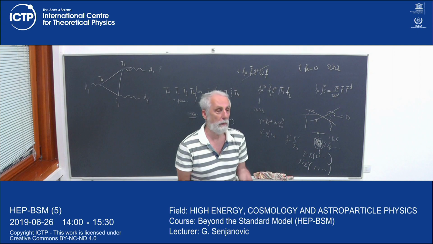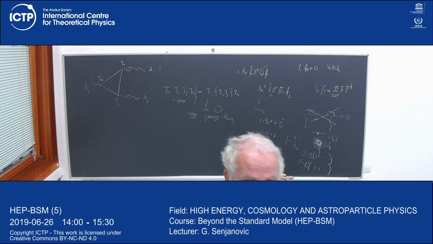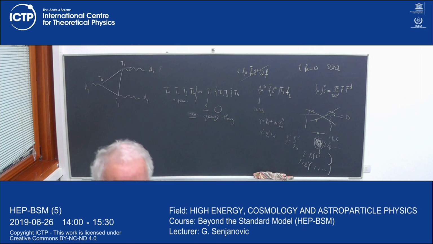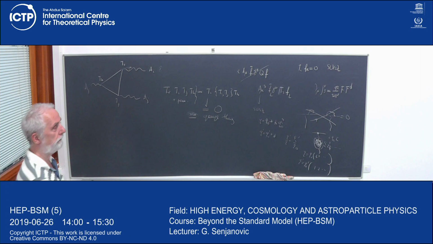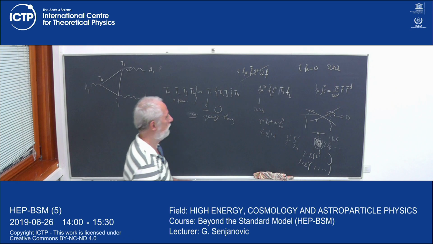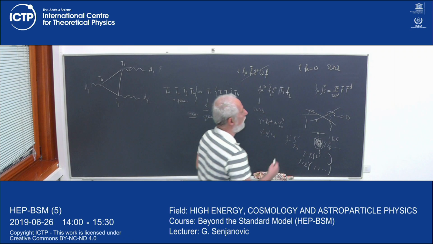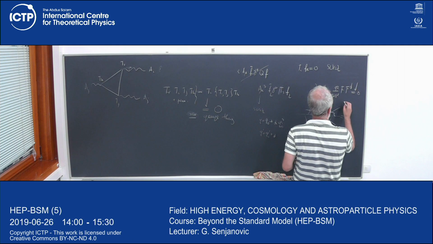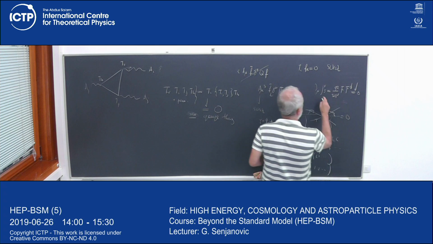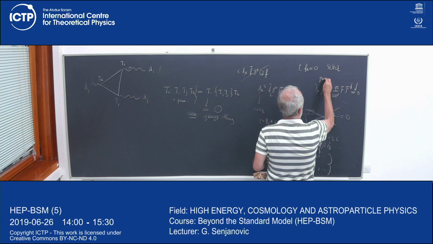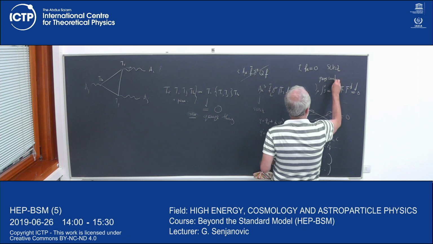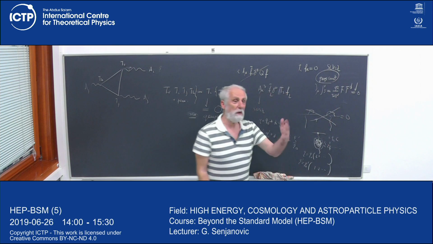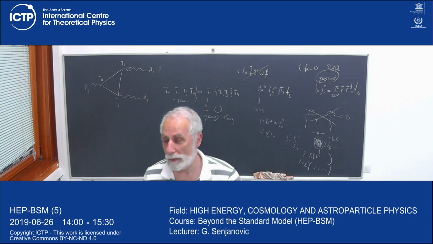I'm giving you one example where the conservation of current is crucial for the formulation of QED. So in particular, this is not zero, but it must be zero for renormalizability if this is a gauge current. It doesn't matter if it's some global current like baryon number or so on.